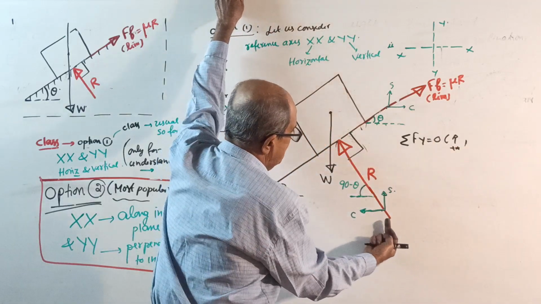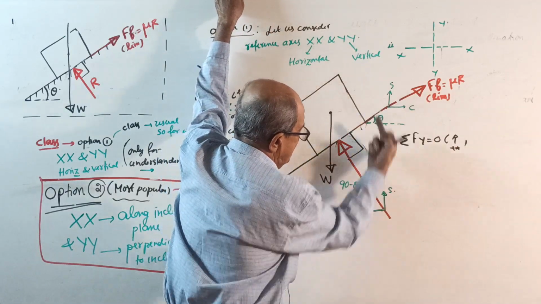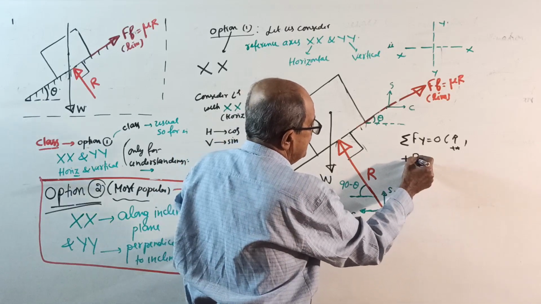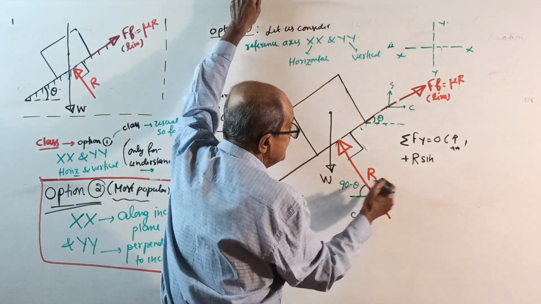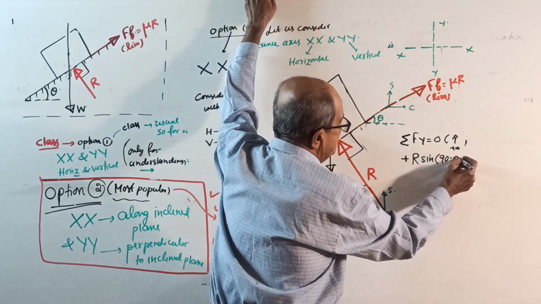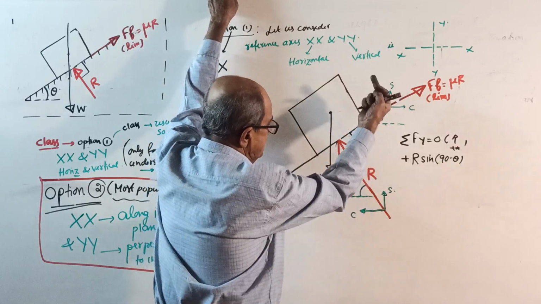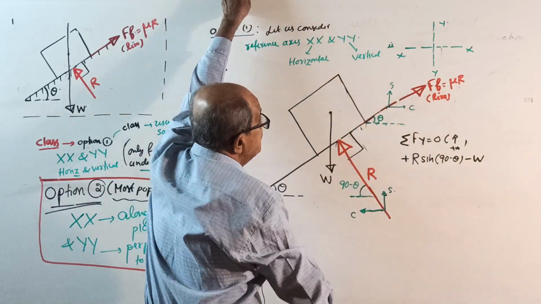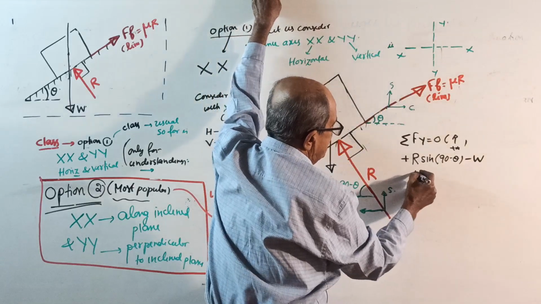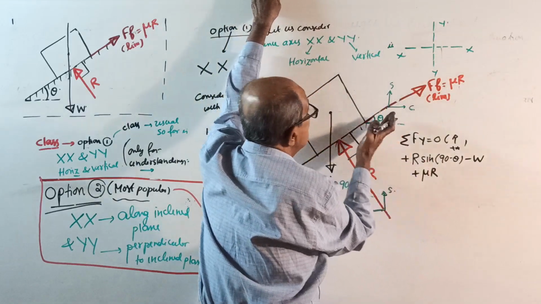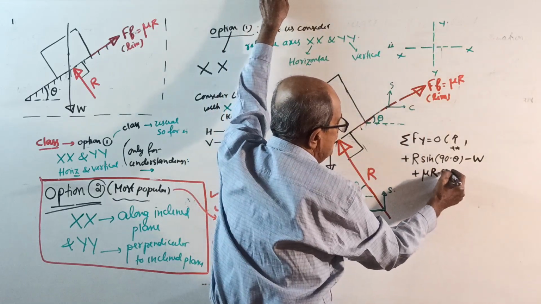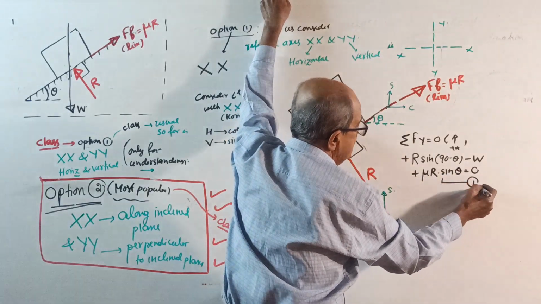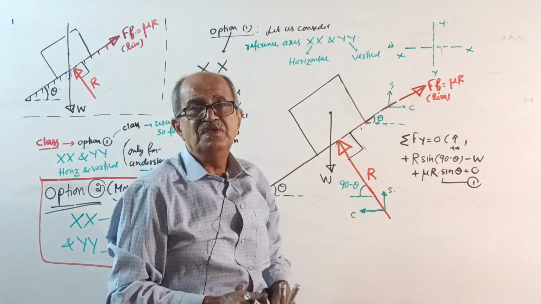See here, this way plus R sine, okay, I want to use color now, plus R sine of 90 minus theta, minus W, then plus mu R into sine of theta equal to 0. You call this equation number 1.